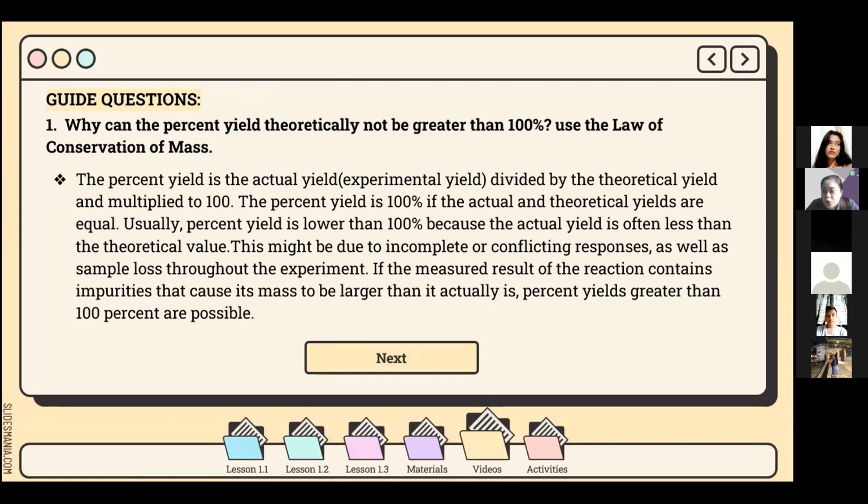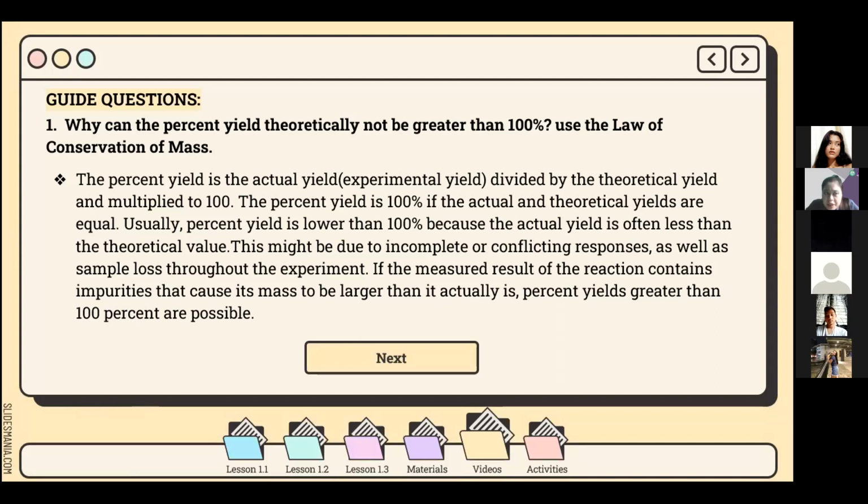Pero actually, class, yung kanyang concept talaga and our rule here is that the percentage yield should not be greater than 100%. So you will use the law of conservation of mass sa pag-explain why we cannot have a percentage yield of greater than 100%. Okay?